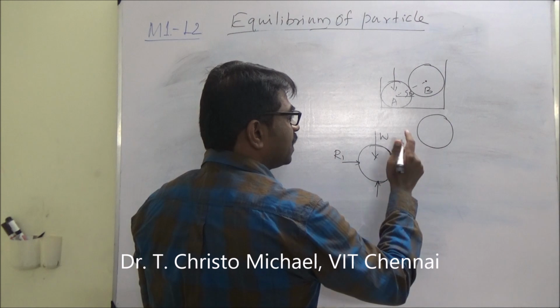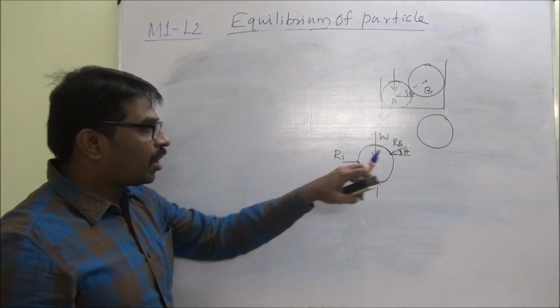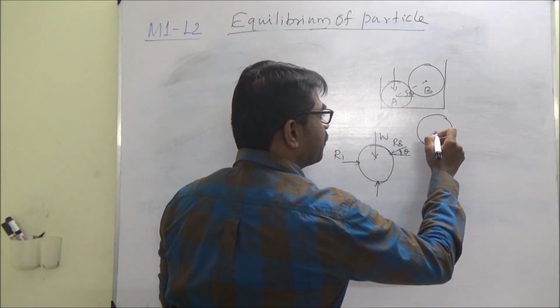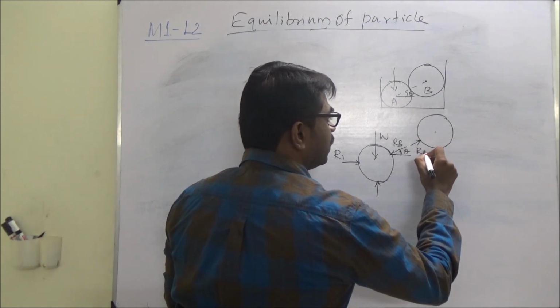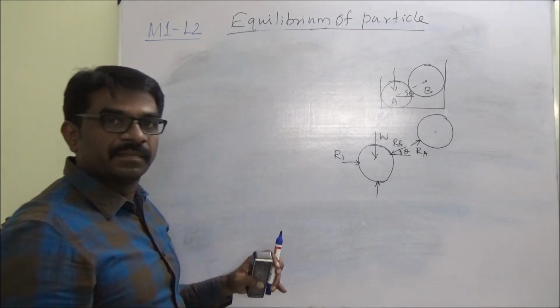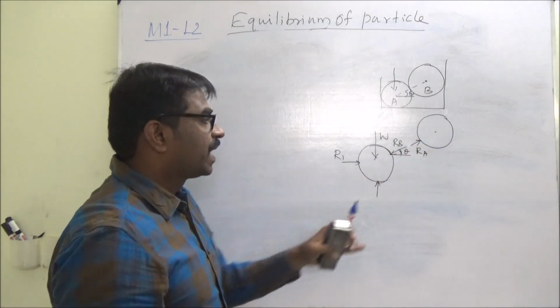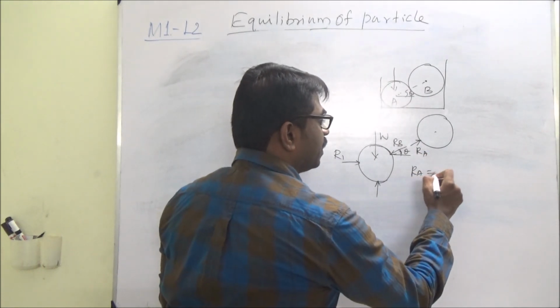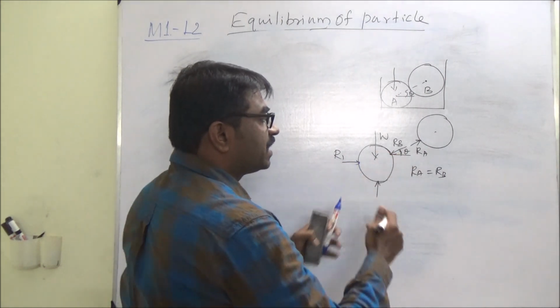So this is the effect of B on A, and simultaneously this effect will be acting here. This is RA, the effect of A on B, and this happens to be equal. RA equals RB because the magnitude is equal.